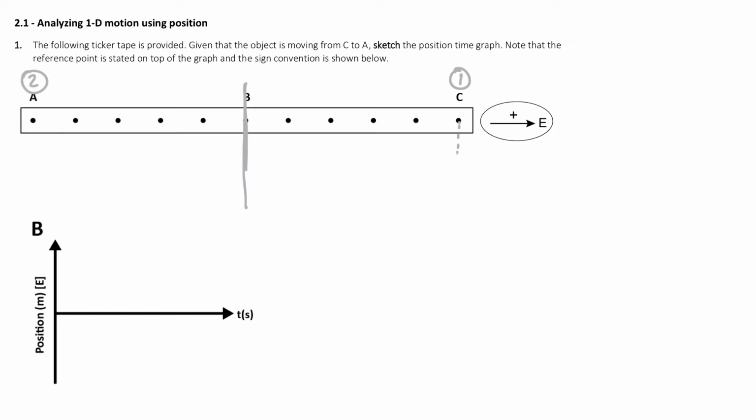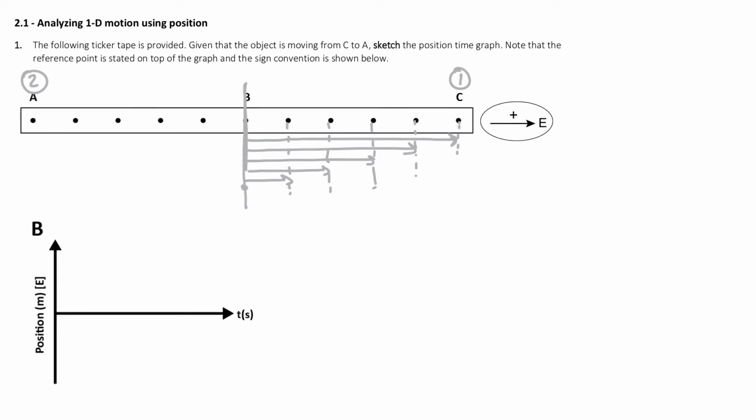So I start here. So my first position is right here, my second one is right here, and then my third one is here, fourth, fifth, then my sixth one is right here.